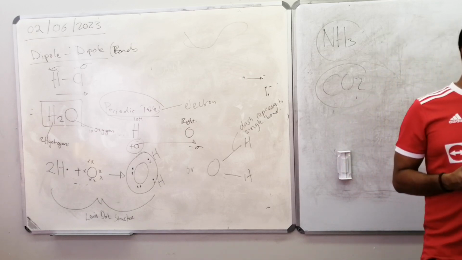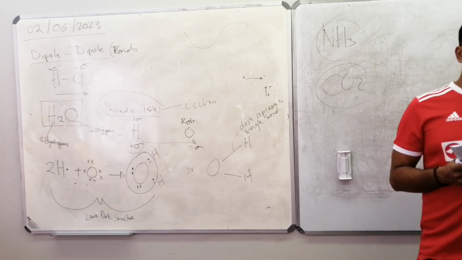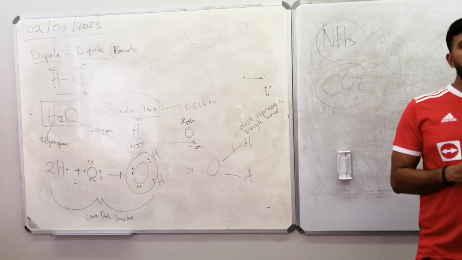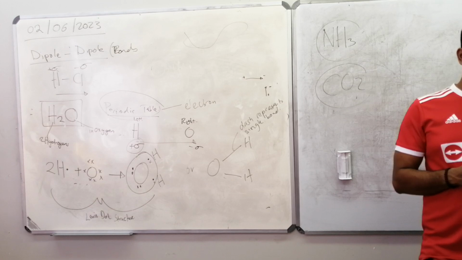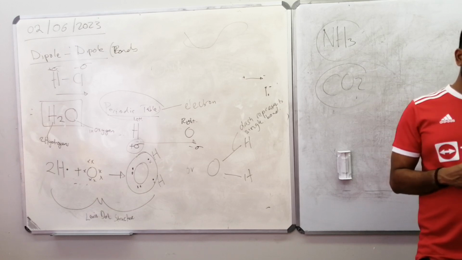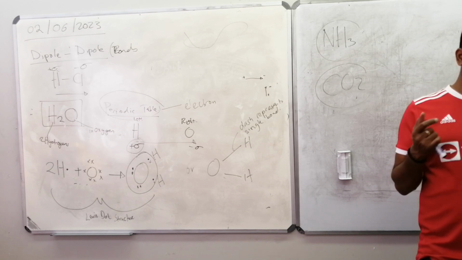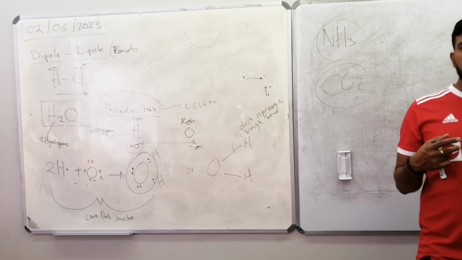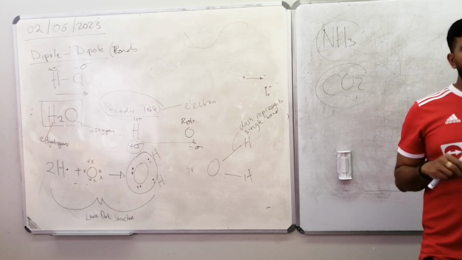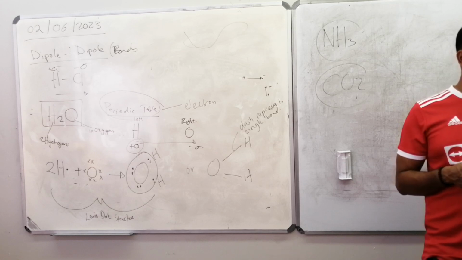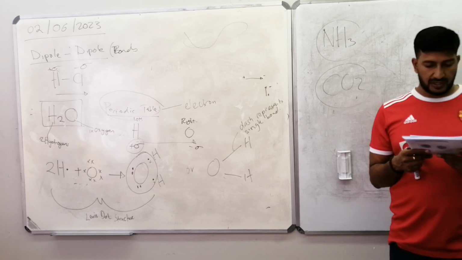Carbon is group 4. And then 8 minus 4 is 4. So how many bonds can you possibly form? 4. If we look at oxygen, it is 8 minus 6. That means each oxygen can form 2 bonds, and carbon can form 4 bonds. So basically, it created 2 double bonds.